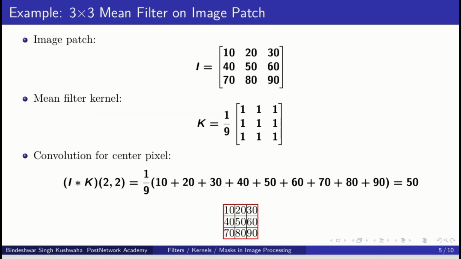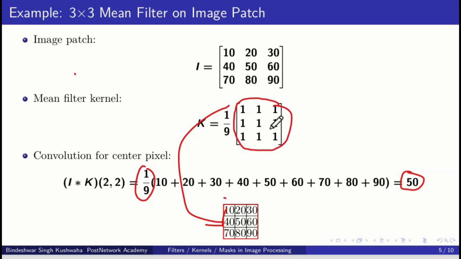Thereafter convolution: here you can see 1/9, and you multiply each pixel by 1, and then divide all by 9. The same image patch matrix is written here. So the average pixel is 50. It will take the average of 9 pixels and put it into the output image.